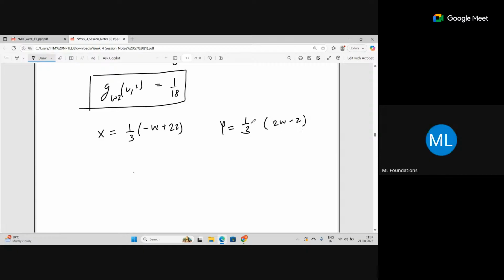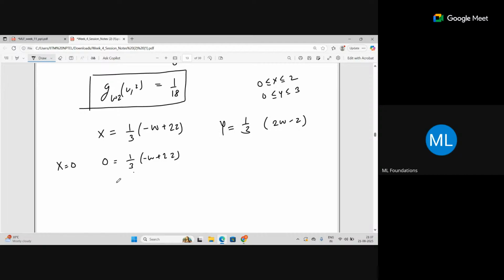Now, what are the values of x? x is actually taking values between 0 and 2, and y is taking values between 0 and 3. So we'll see the extreme cases first. What is it at x equal to 0? What will this function look like? It will become 0 equal to minus w plus 2z, that means w equal to 2z.